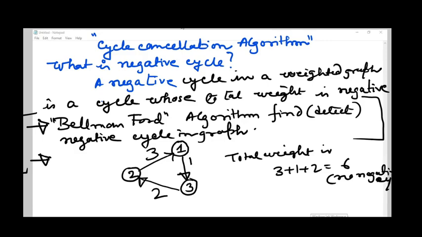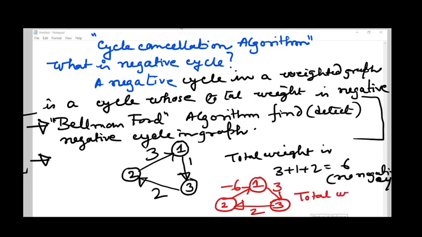But if I give you a graph like this, 1, 2, minus 6, 3. Total weight in this case is minus 6 plus 3 plus 2, which is minus 1. So it's negative. The negative cycle is this. Shall I go to the next?